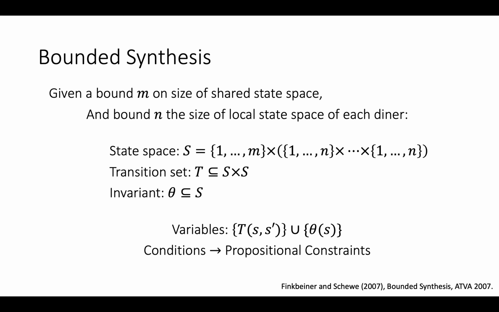Observe that in the synthesis world, we are constructing the transition system and the invariant simultaneously. I tried implementing this method for the dining philosophers problem, and for 5 diners, it gave me a correct protocol in just a few seconds. For 6 processes, it took a bit more than a minute, and for 7, it took a couple of minutes.